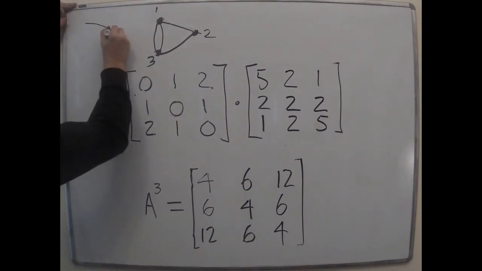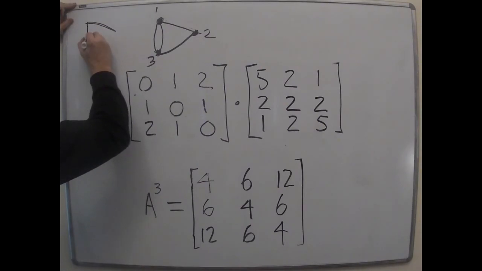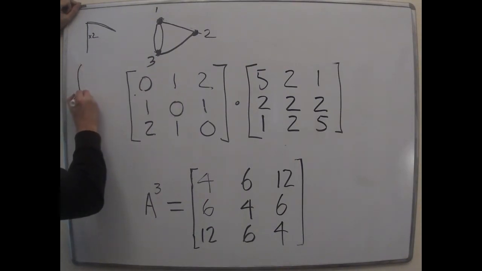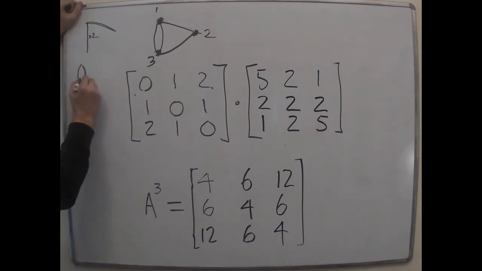Go over to 2, come back to 1, and then go down. And there's 2 of those. I've got things that go down and back up and then down again. Now, how many of those are there going to be? Now there's basically 8 choices for whether we go the left branch or the right branch. So there's 8 of these.